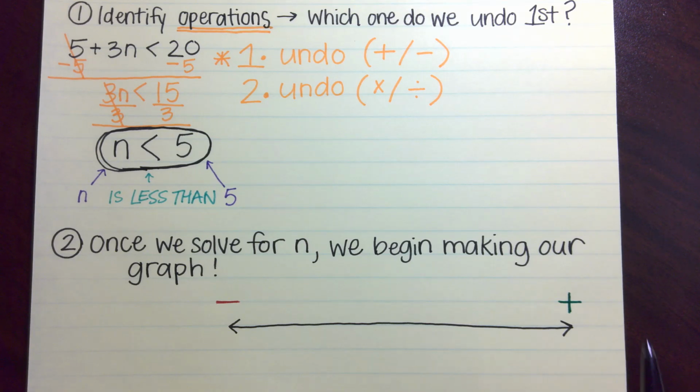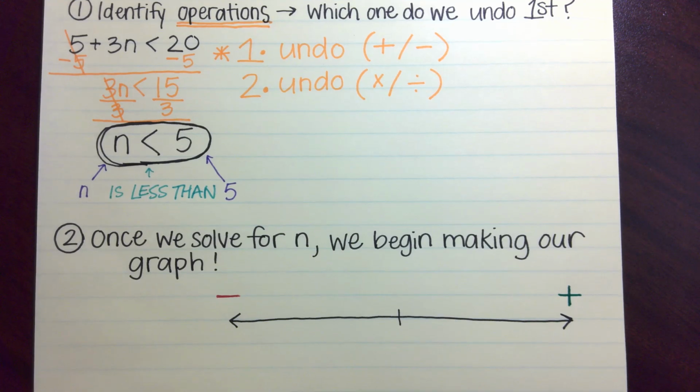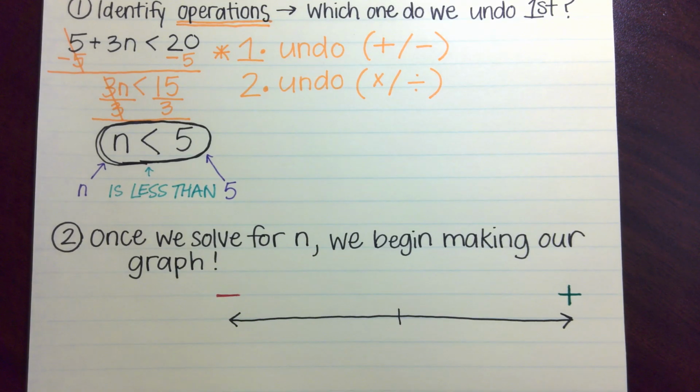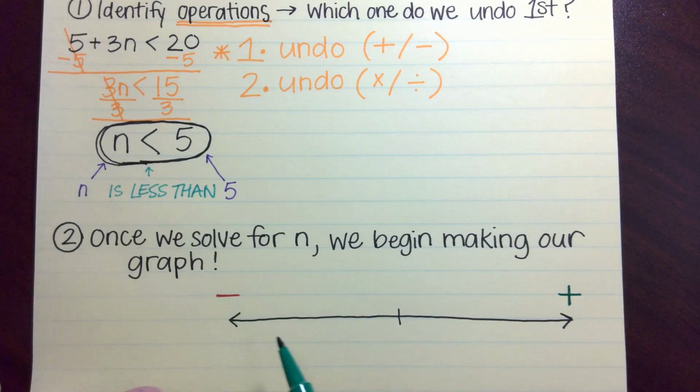I don't want you to be stressed trying to stay caught up. Okay. So over here we've got our graph. Whenever we quiz over inequalities, you will be given this. I will have the line, the tick mark, the plus and the minus already written for you. So you won't have to do that.